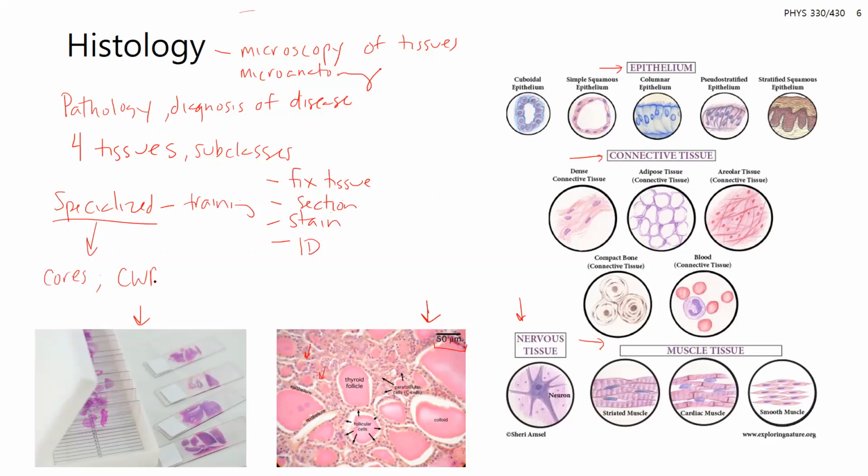At Case, in the School of Medicine, the histology core is in the Cleveland Digestive Diseases Research Core. I'm guessing a lot of their staining has to do with digestion, but I'm guessing they also have histology services for other types of diseases and tissue types as well.